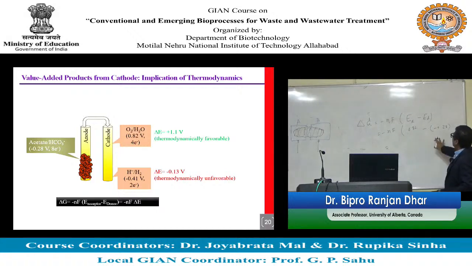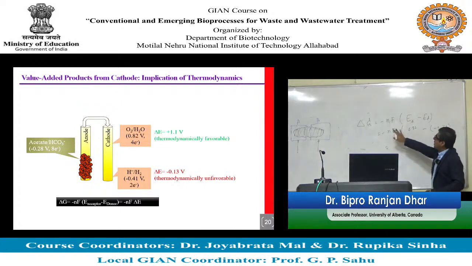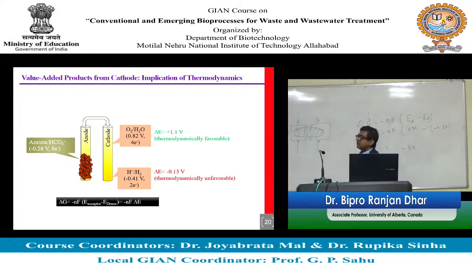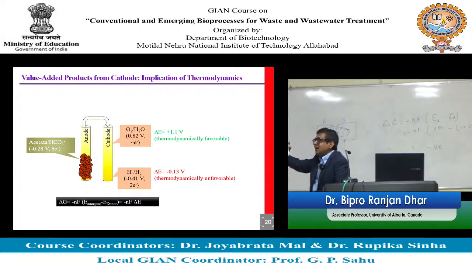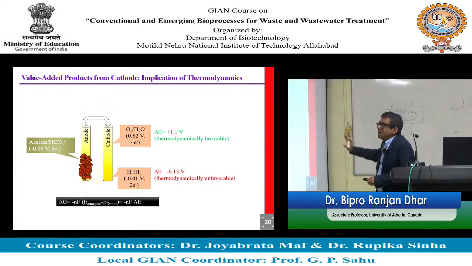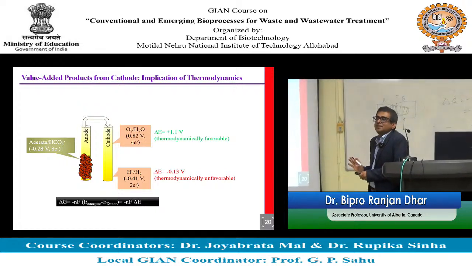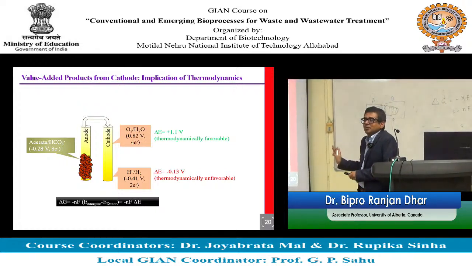Okay, so now is this delta G value going to be positive or negative? This is going to be negative, right? But how about for hydrogen? For hydrogen it's going to be positive, right? So that means for hydrogen it's not thermodynamically feasible because its delta G is going to be positive, right?